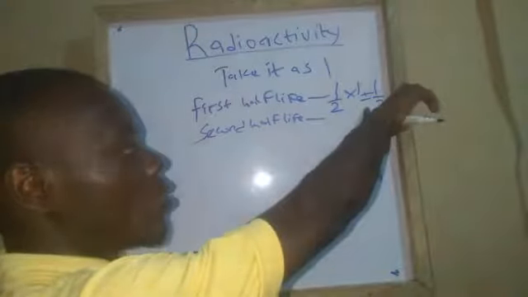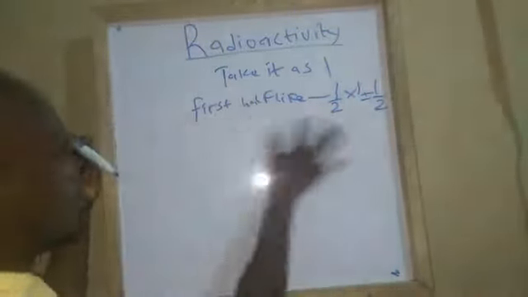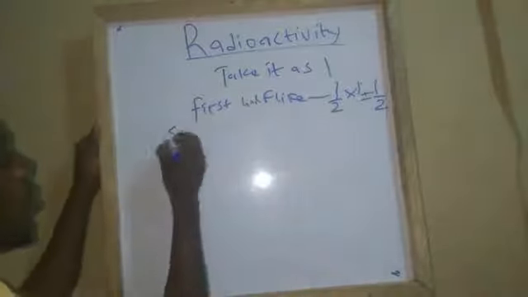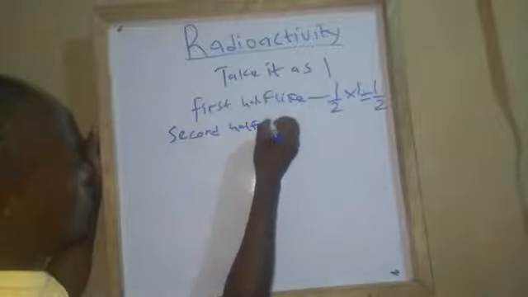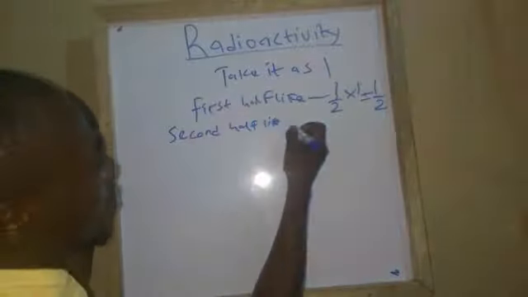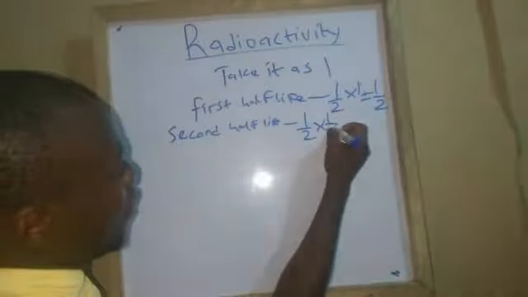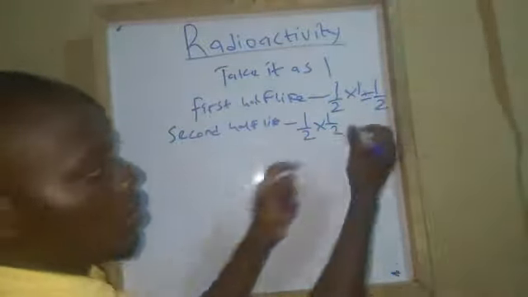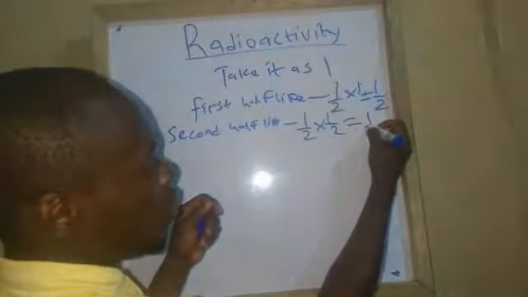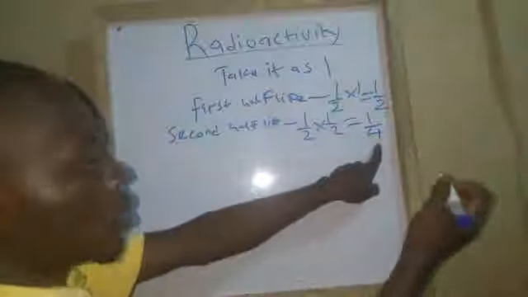Let me write this properly. Second half-life. That will be 1/2 times 1/2. Half of this one has decayed. Are you getting it? So it will give us 1/4. This one has left.